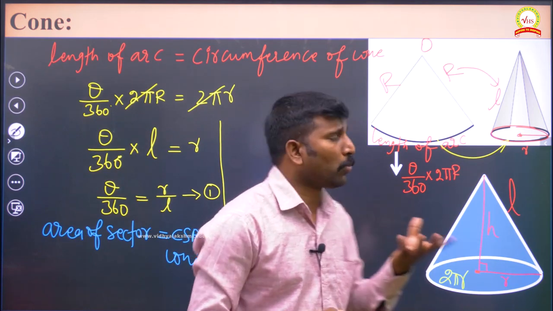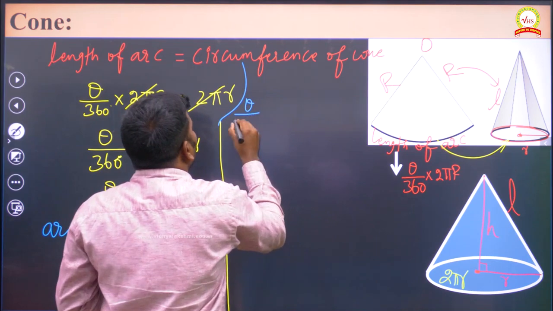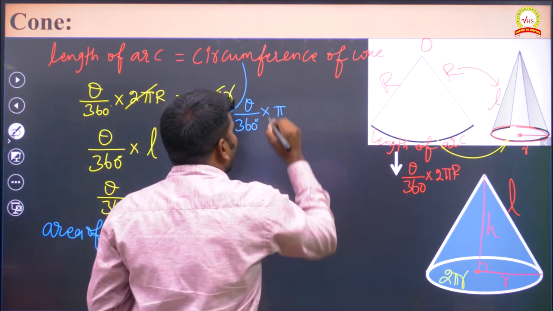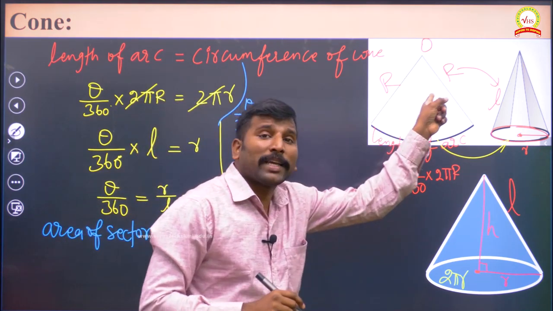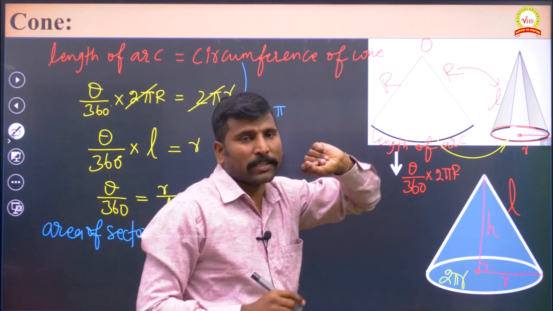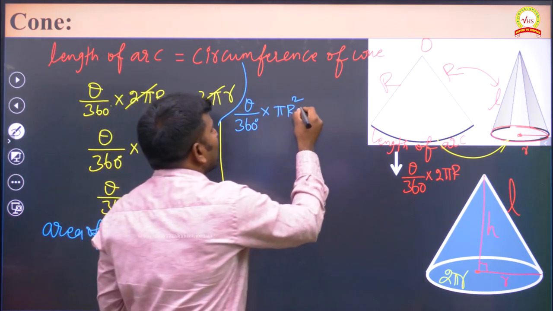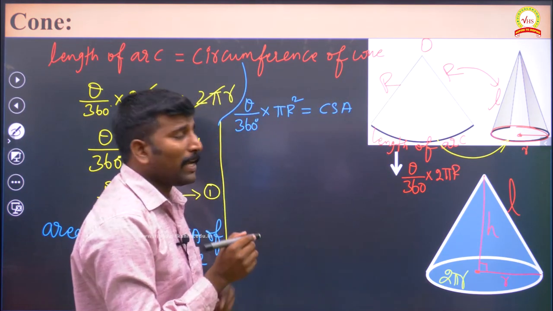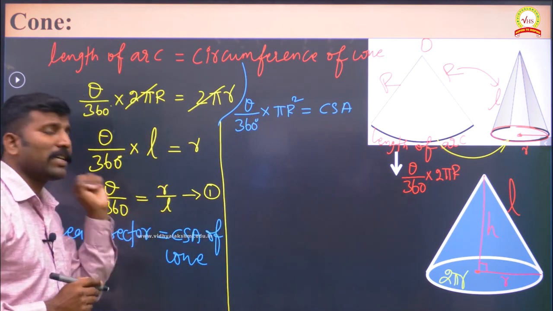Area of sector equals theta divided by 360 into pi R square. Don't take small r, because for the sector I used capital radius, so capital R square. This is equal to the CSA of cone. Now I know very well theta divided by 360 equals R by L.